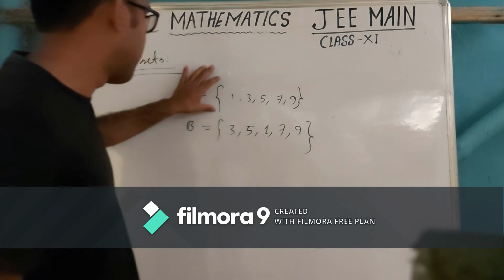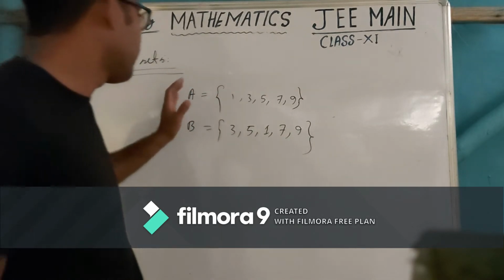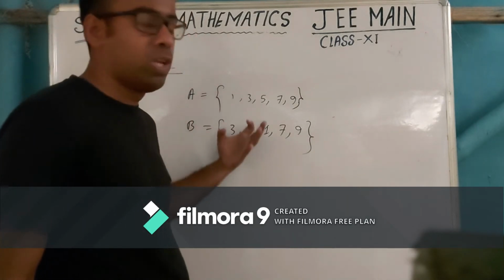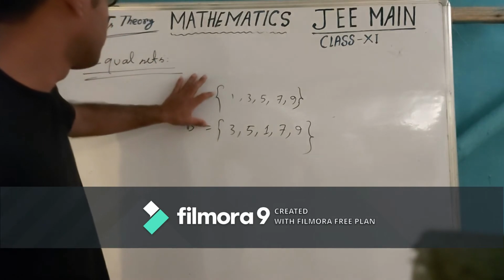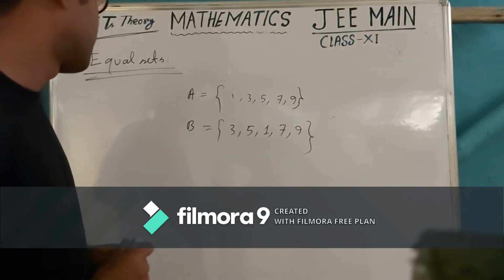This set and this set are said to be equal if they contain the same elements and the same number of elements. Then we say that A and B are called equal sets.